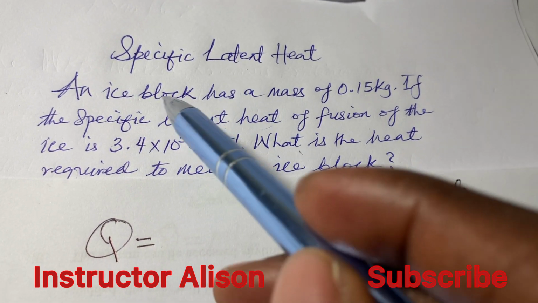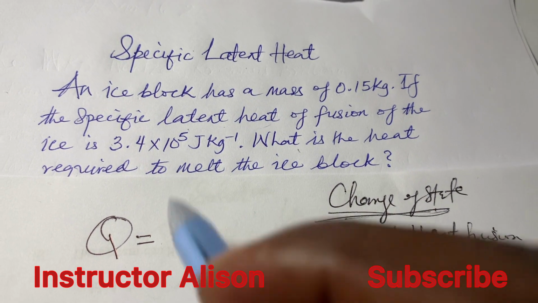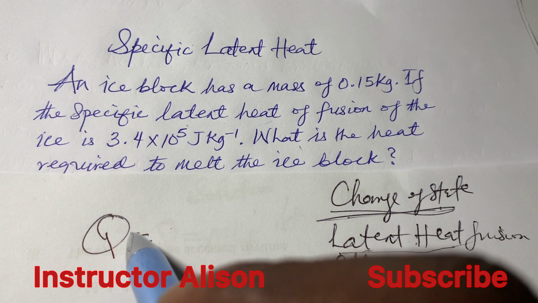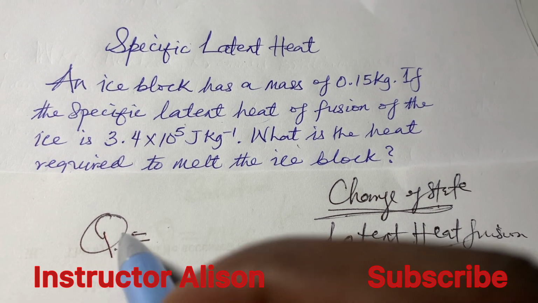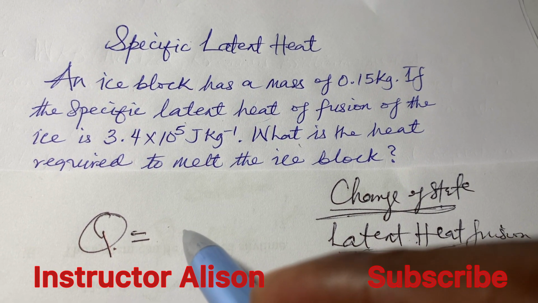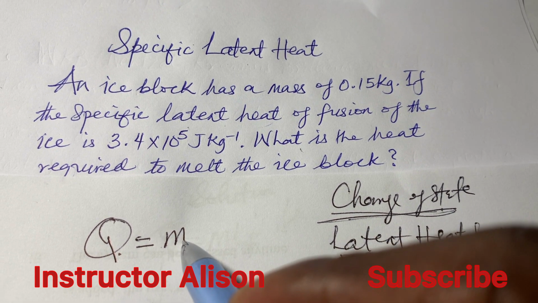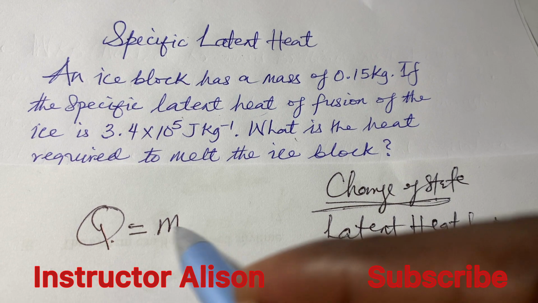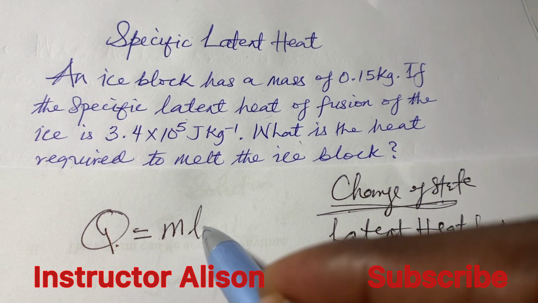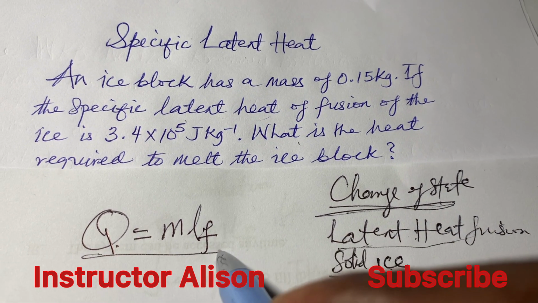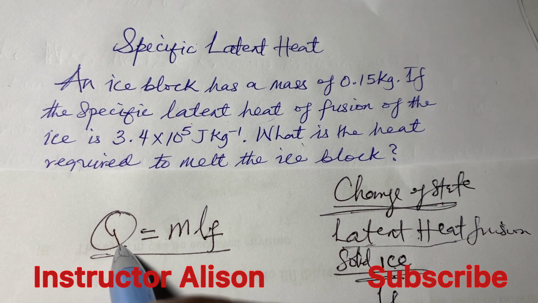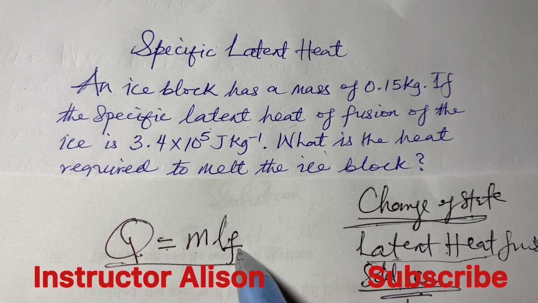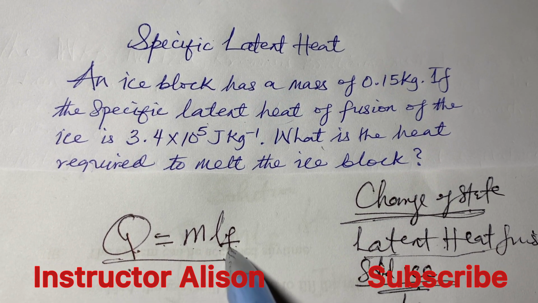And also to define specific latent heat, the specific latent heat of fusion of a substance is the quantity of heat that is required to change the unit mass of a substance from solid to liquid without the change of temperature. So we have the expression Q equals mass multiplied by specific latent heat of fusion.